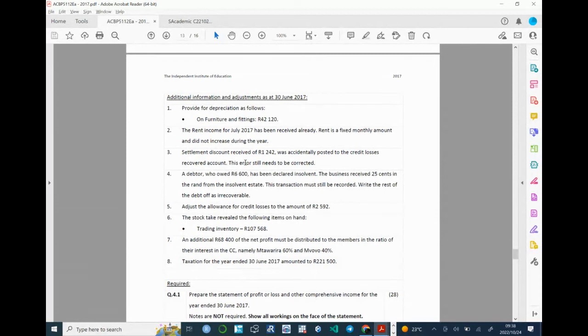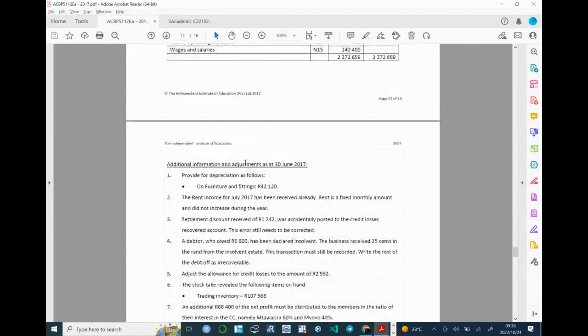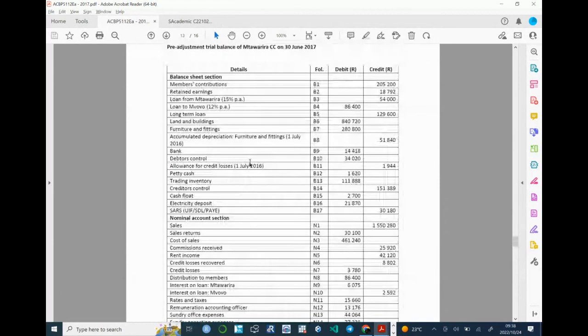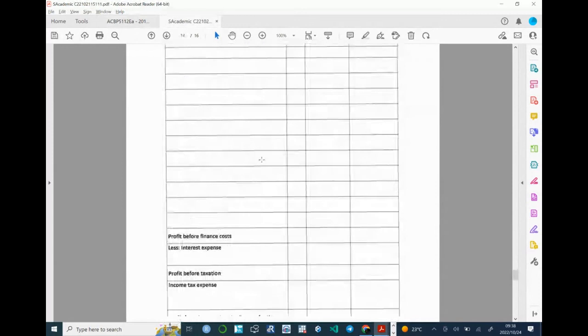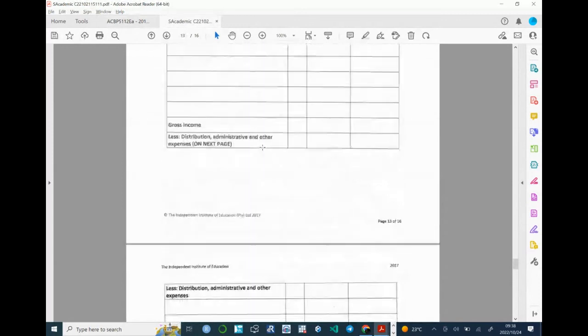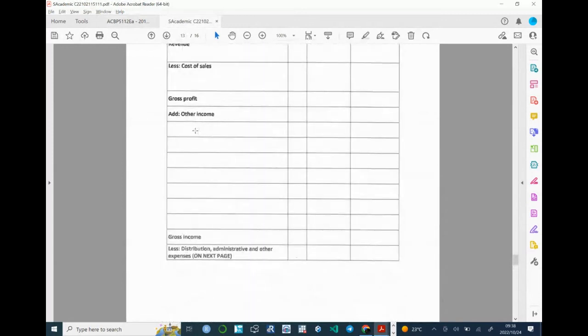Credit losses is an expense, while credit losses recovered is an income, so it's going to fall under other income. So you're going to say credit losses, whatever the balance is, in brackets, minus it. Then you have a small amount.